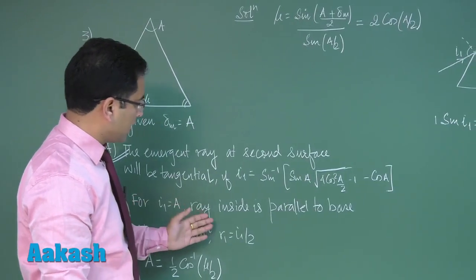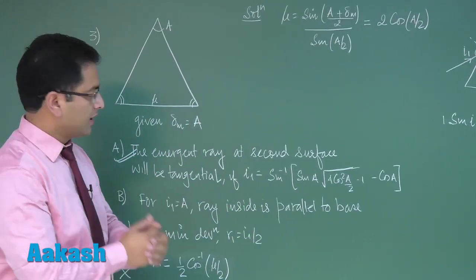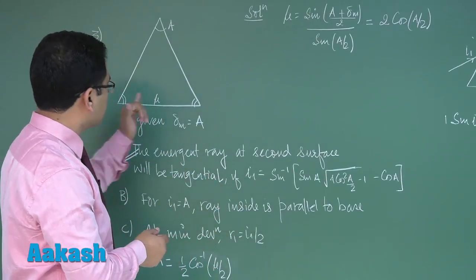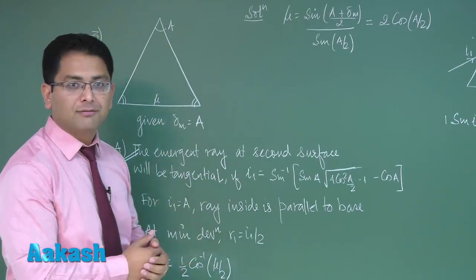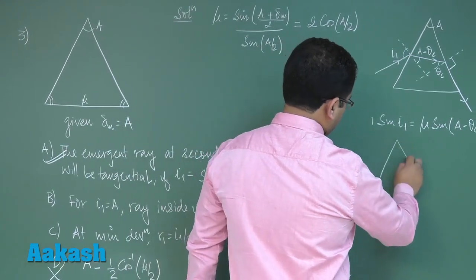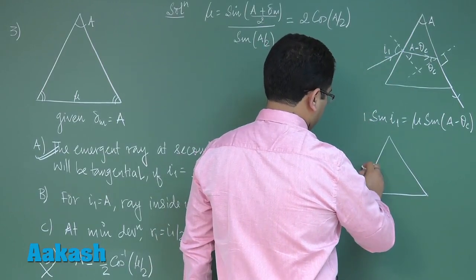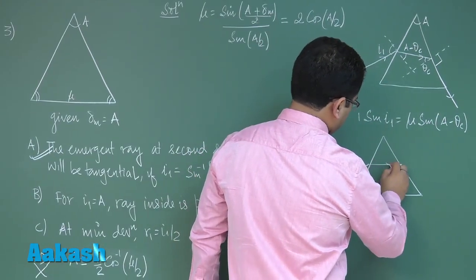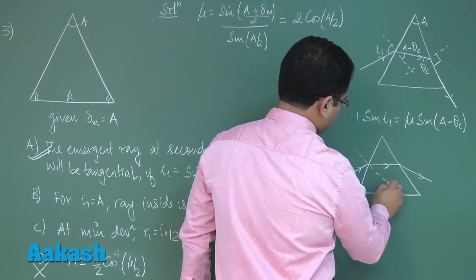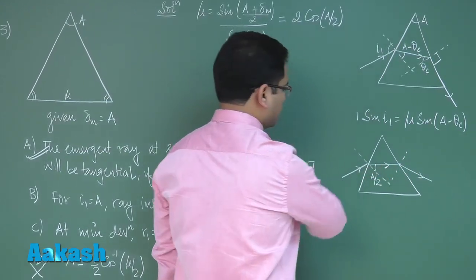Let's go for option B. For I1 equals A, the ray inside is parallel to the base. Try to recollect: when the ray inside is parallel to the base for an isosceles prism, it's a condition of minimum deviation. So in that situation, the minimum deviation condition would be straightway this, this and this, all the symmetric condition, and that angle would be equal to A by 2.